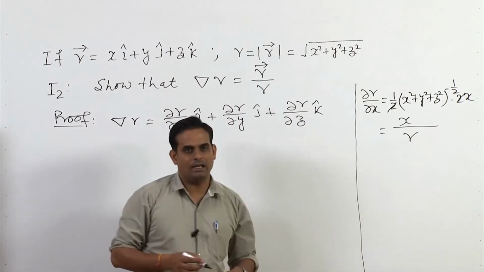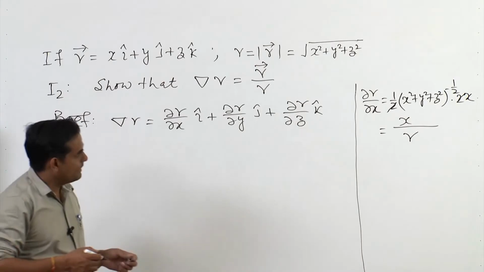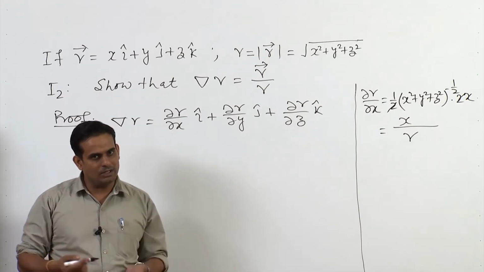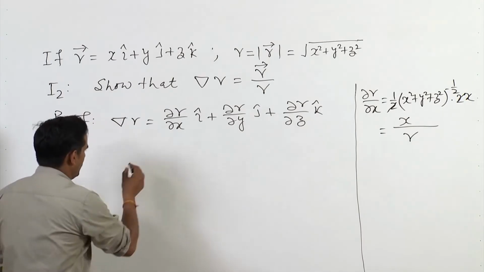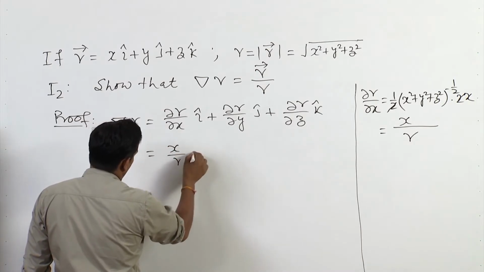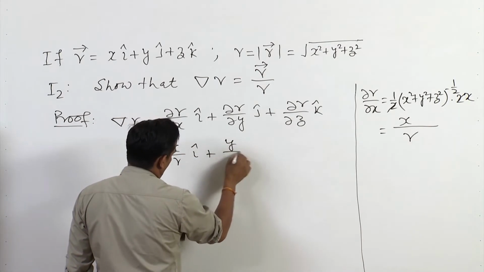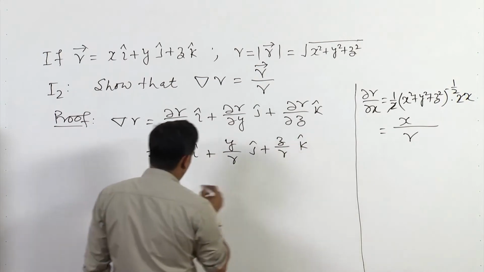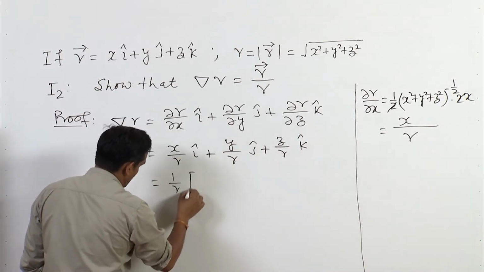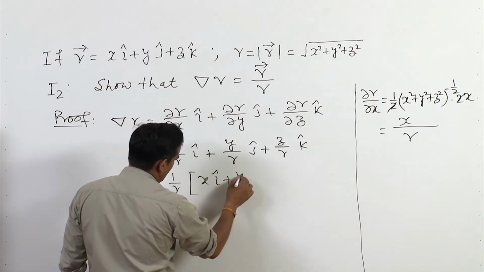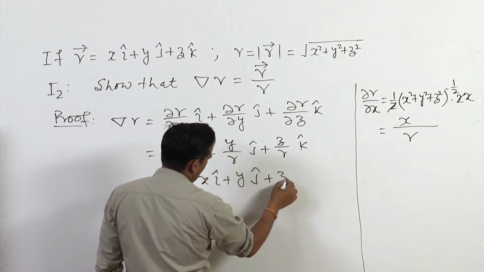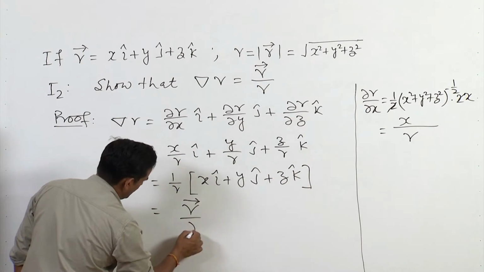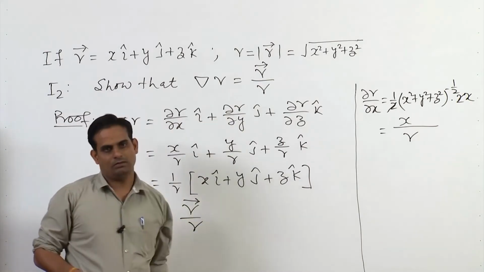So del r over del x is x upon r. Similarly, del r over del y will become y upon r, and del r over del z will become z upon r. So put this value: x upon r i cap, y upon r j cap plus z upon r k cap, or if I take 1 upon r out, I will get x i plus y j plus z k, and that is the vector r upon r. This is what we needed to prove.